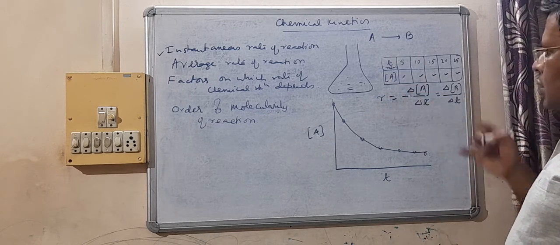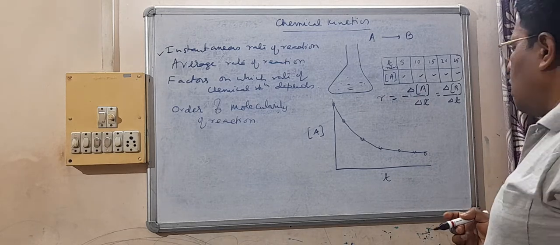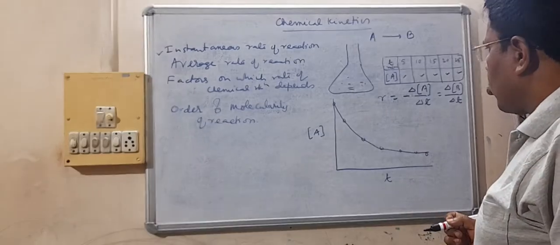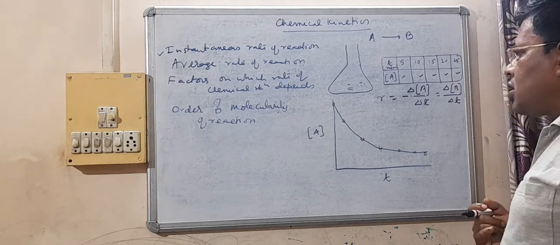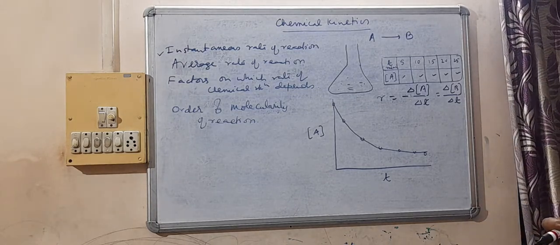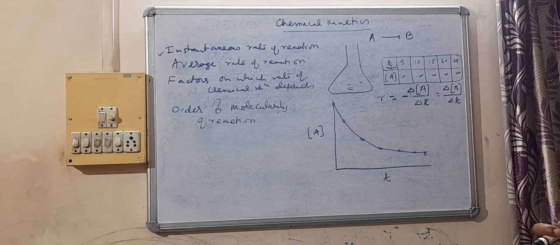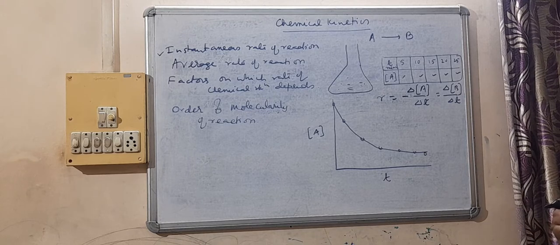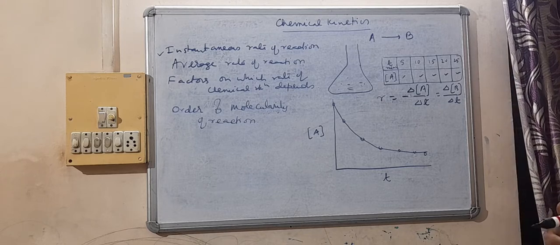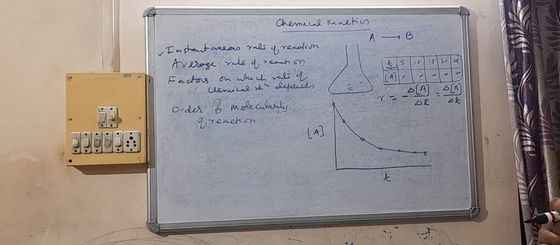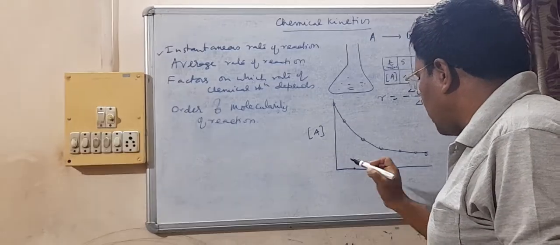Rate of this reaction is this, and rate of a reaction changes with time. So rate at a particular instant of time, at a particular moment of time, is called instantaneous rate of a reaction. Suppose we want to find the rate of the reaction at this point of time.